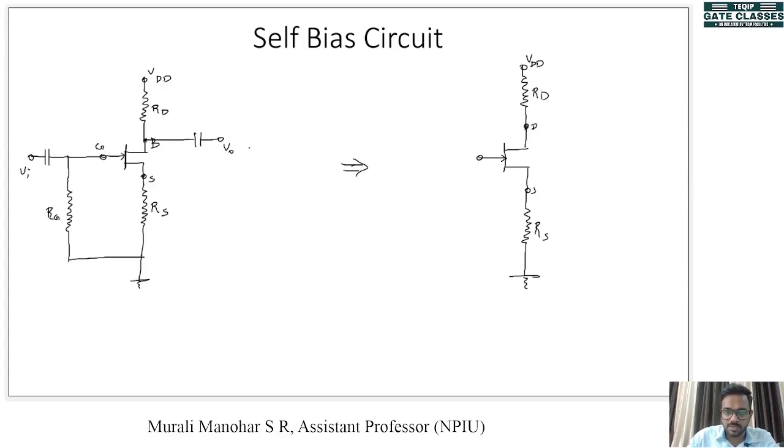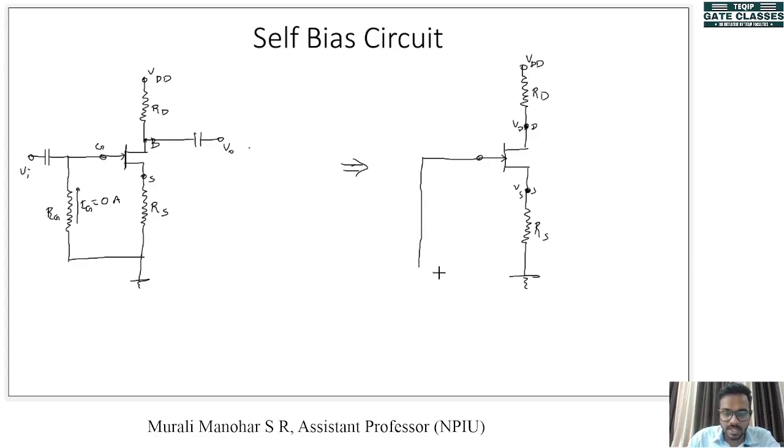The potential at this point between ground is Vd, and the potential at source between ground is Vs. Now we know that Ig is equal to 0. So the current flowing through this resistance is equal to 0 ampere. Again, Ig into Rg is 0. So there is no need for showing Rg in the equivalent circuit.